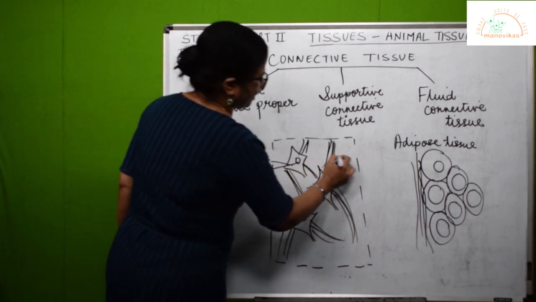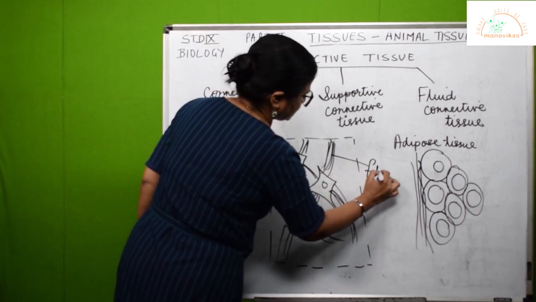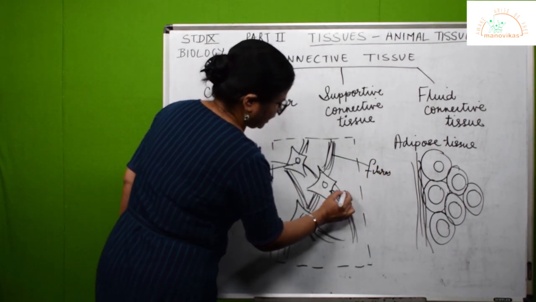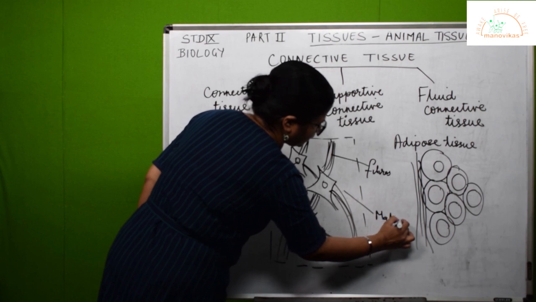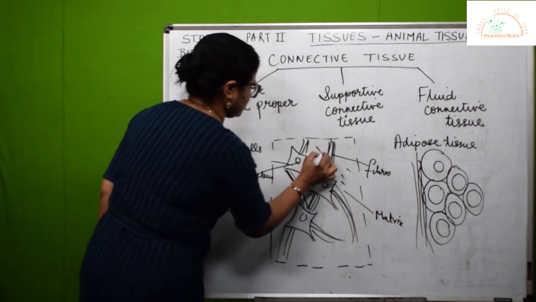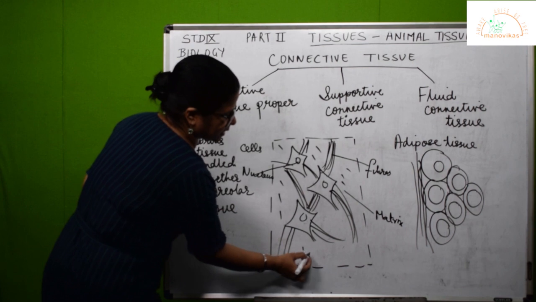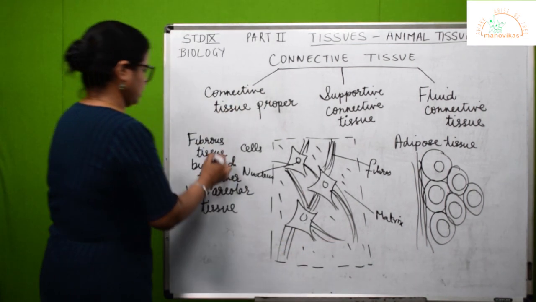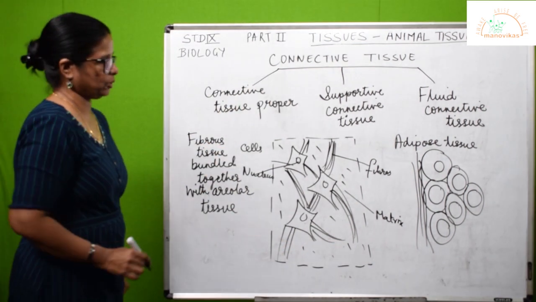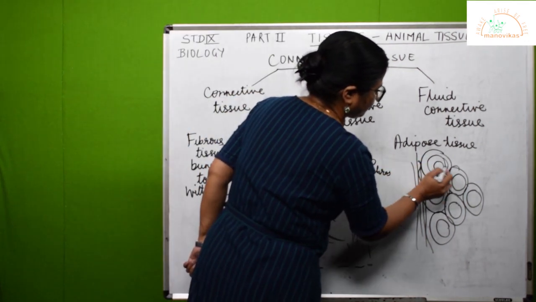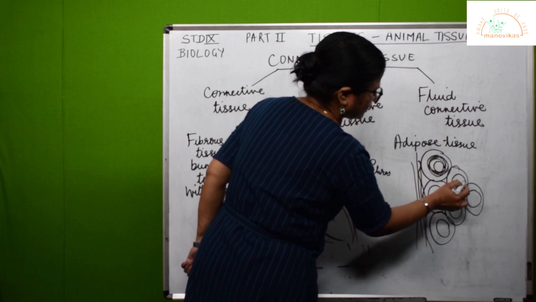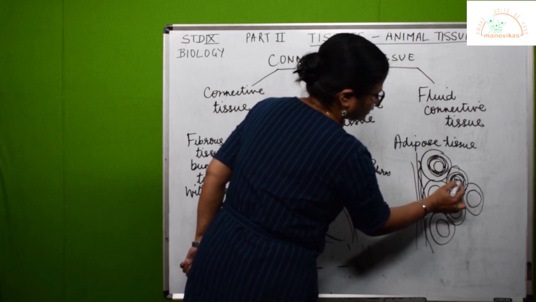Now these are the fibers and all located in the matrix. Everywhere here is filled with matrix. So areolar tissue along with the fibrous tissue. Look at the adipose tissue. What are these round things? They are fat globules. These fill the inside. All these round things, fat globules.